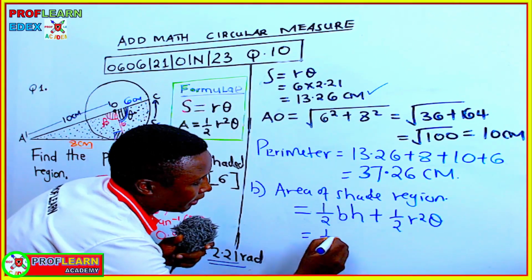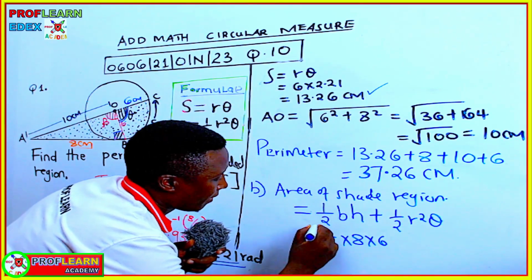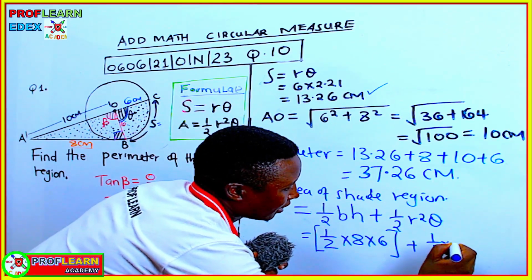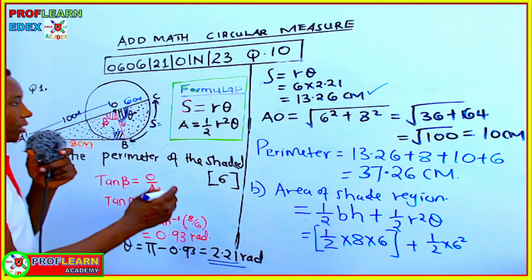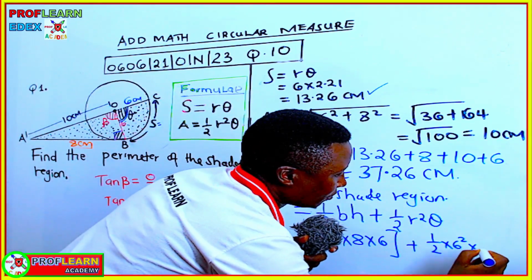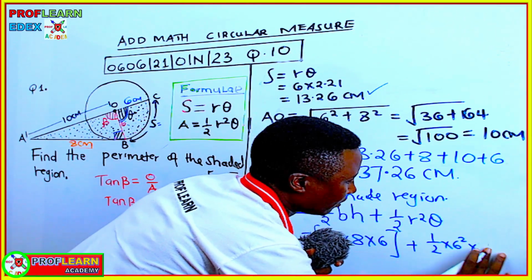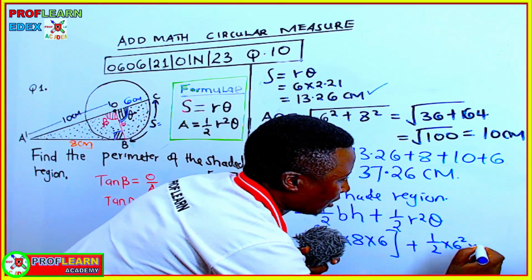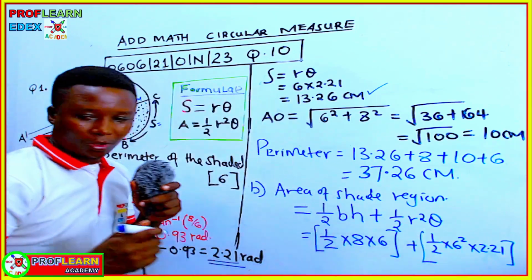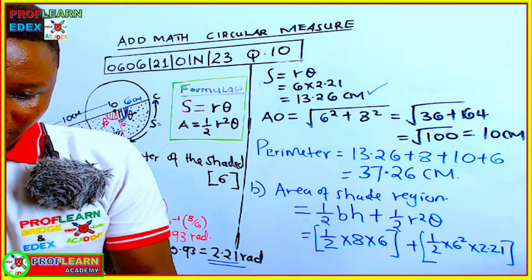So I'll say a half times 8 times 6, and then a half times 6 squared, because the radius of this sector is 6, times the angle, which is 2.21. I'll enclose like that so that we can put that information in the calculator.